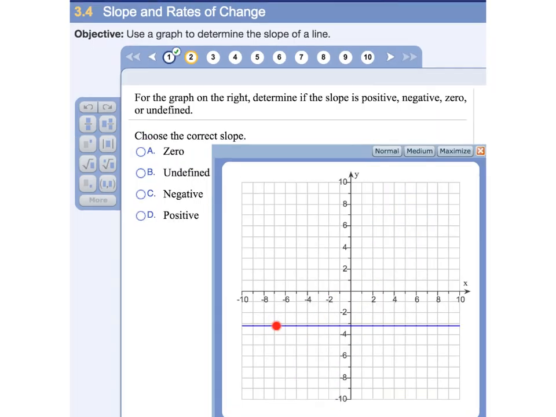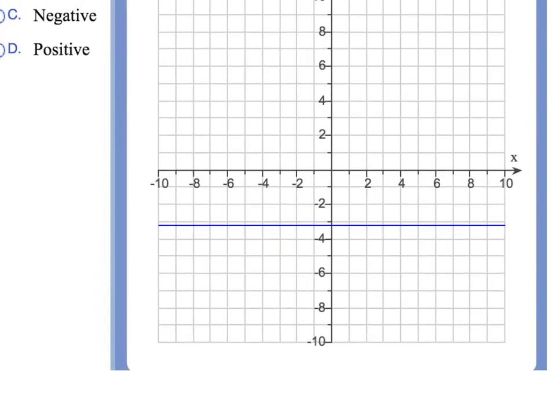This is an interesting line because, remember what I said, slope is the rise over the run. So it's rise over run. What we could do is choose any 2 points on this line, and I'll choose this point and this point. If we wanted to talk about the rise of these 2 points, as we go from here to here, does it rise at all?